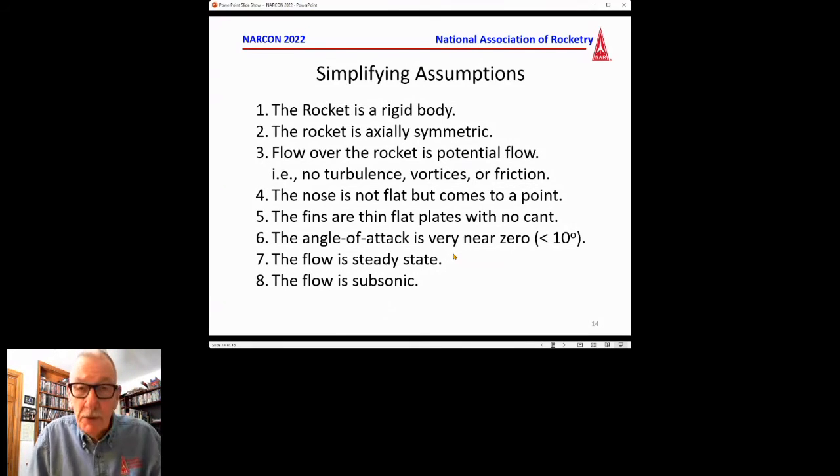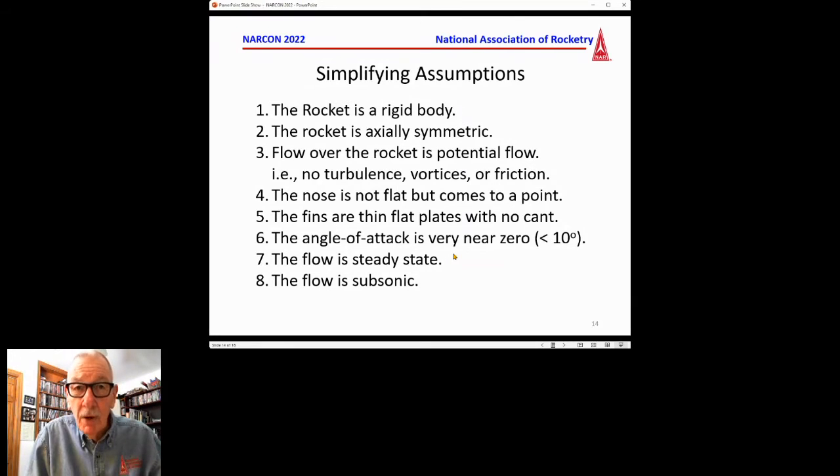An actually symmetric rocket, that is a rocket that looks the same pretty much from all directions. Again, you can have 3 fins or 4 fins or 6 fins, but in general, you want to have those fins spaced equally around the rocket.